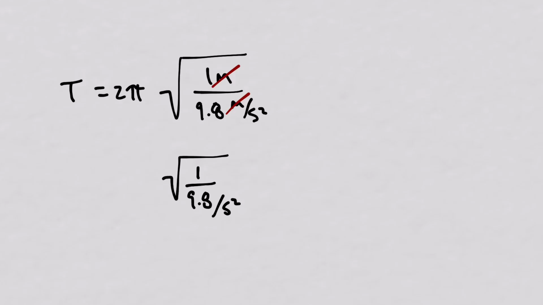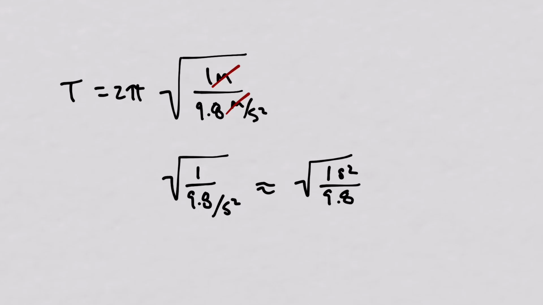I'm sure you all remember your math, but when you have something divided by something else, we can change it around. It's not mathematical trickery, but this is the same thing as saying 1 second squared divided by 9.8.